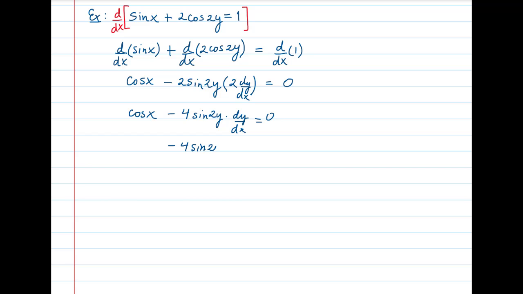And then we're going to solve for dy dx, right? By dividing both sides by a -4 sine 2y. All right, so there we have it. Dy dx is equal to cosine of x over 4 sine of 2y. The negatives canceled out, guys.